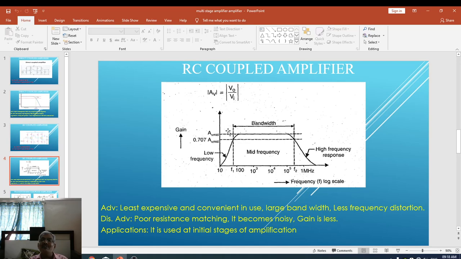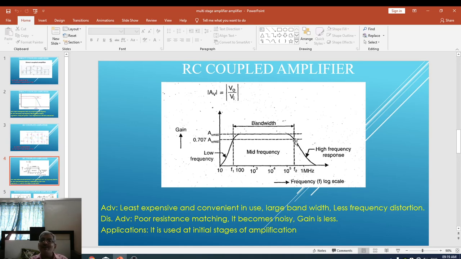That gain is represented here as the maximum gain. If you multiply this maximum gain by 0.707, you get a reading; if you draw a line parallel to the frequency axis, it will intersect the curve at two points. One is this point and the second is this point. Draw a perpendicular from the first point of intersection onto the frequency axis, which gives the frequency f1.